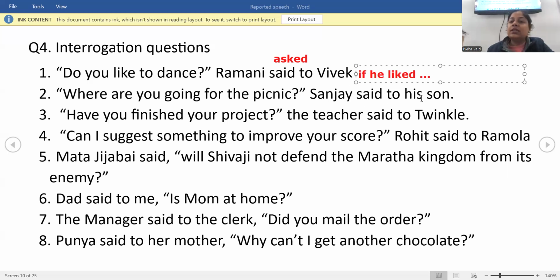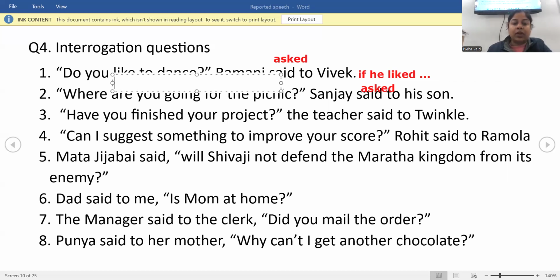Next, Sanjay said to his son, "Where are you going for the picnic?" Sanjay asked his son. So again, said to changes to asked. Sanjay asked his son, where? You is son. Son is he. So Sanjay asked his son where he was going.